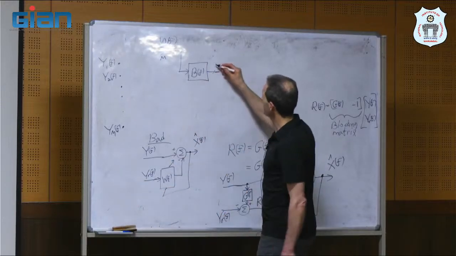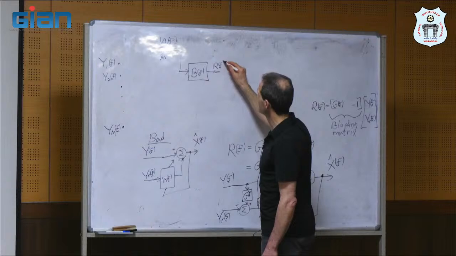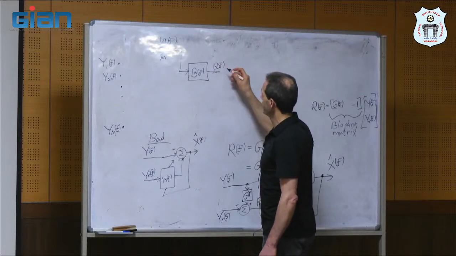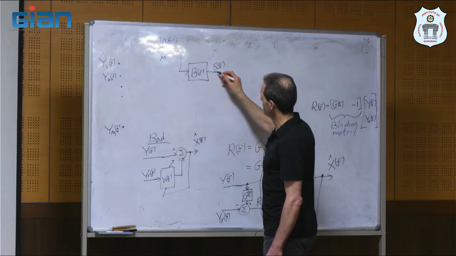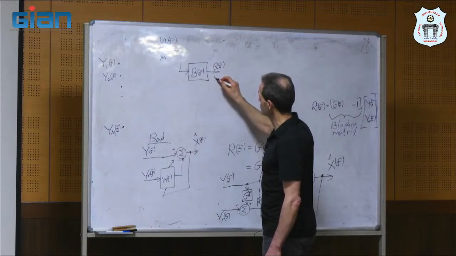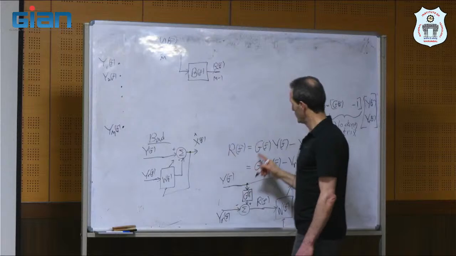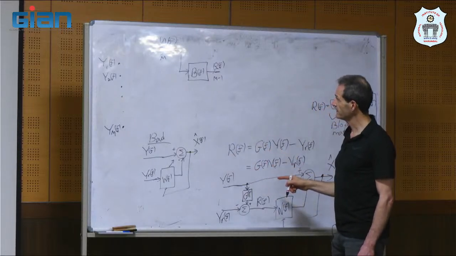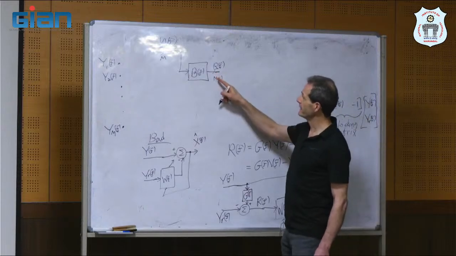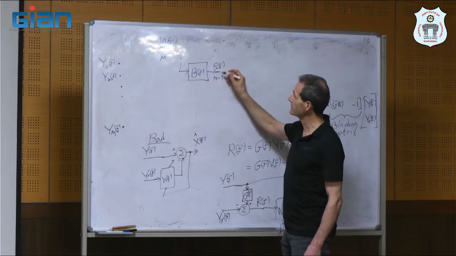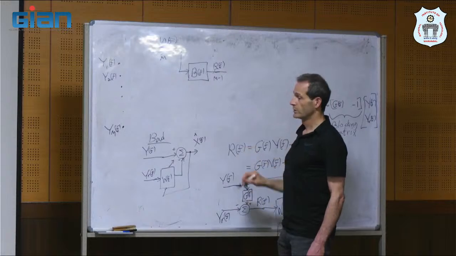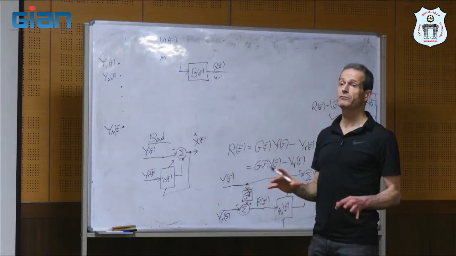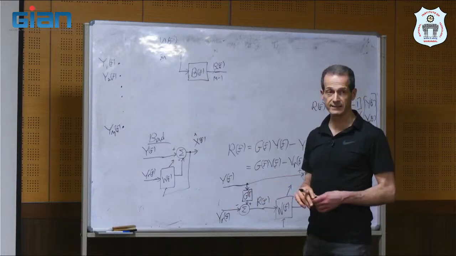So here we have RF, and RF is of size M minus 1 because we want to cancel the desired signal. Okay? So it means that in these M minus 1 channels, we only have reference channels without any signal.